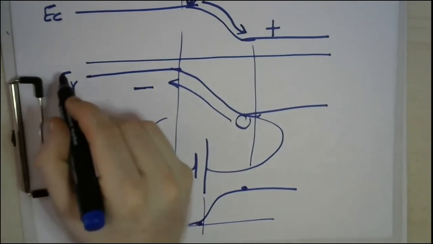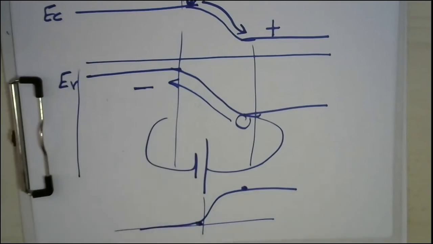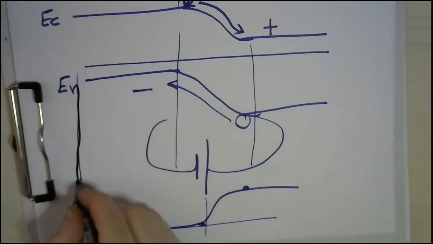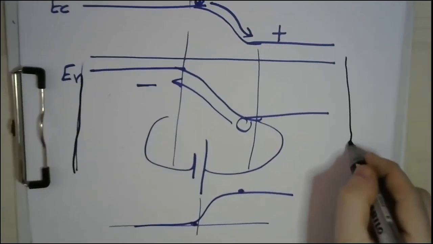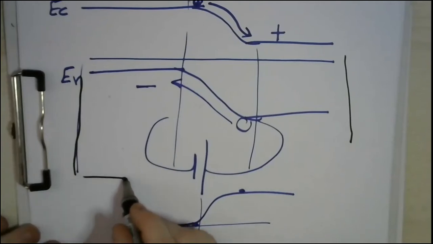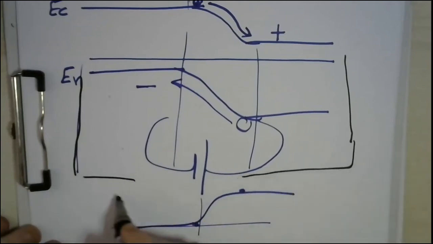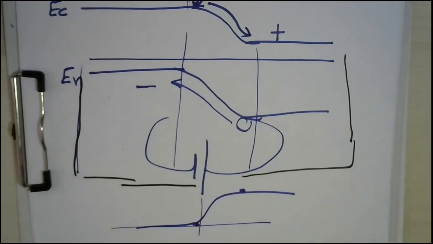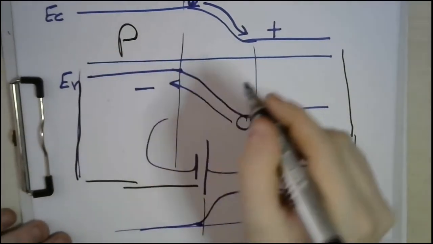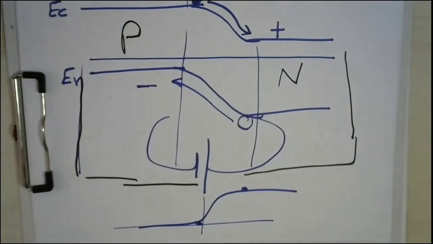What if we go to these two terminals of the device, let me make it with another color, and start to connect them with a real battery? This is the p-type region and this is the n-type region. Okay, so basically here you have two possibilities.